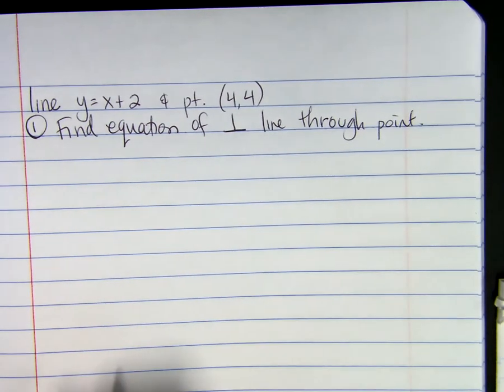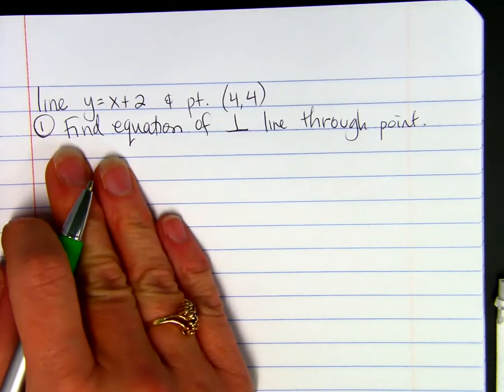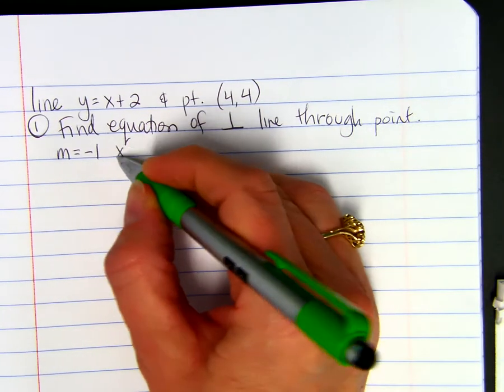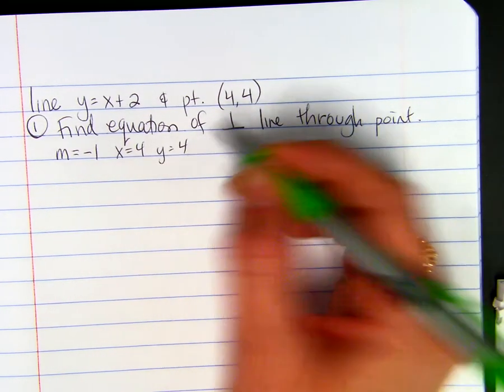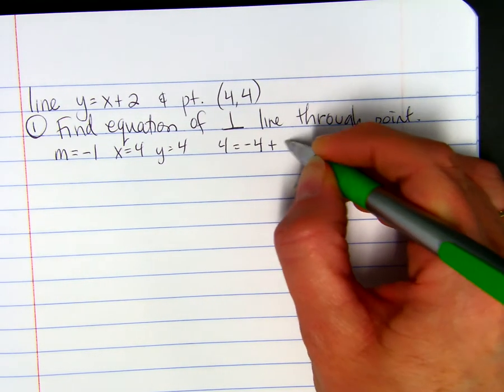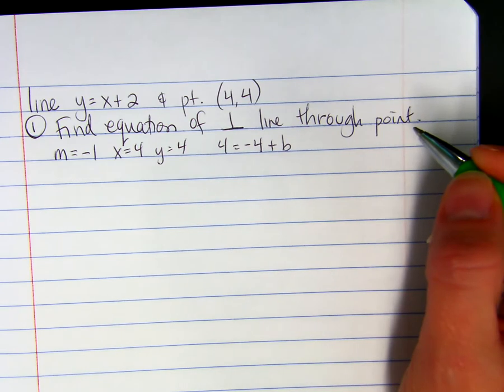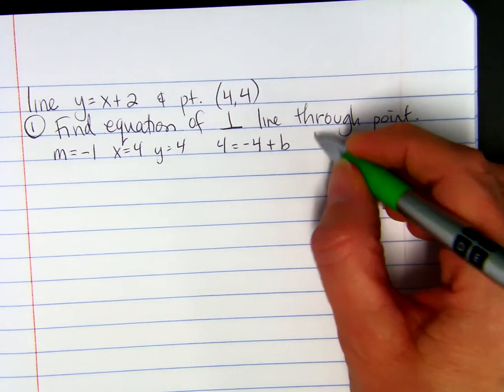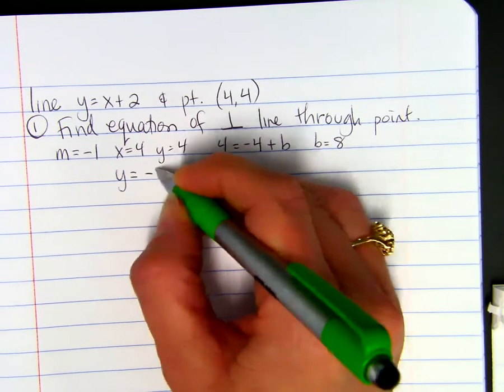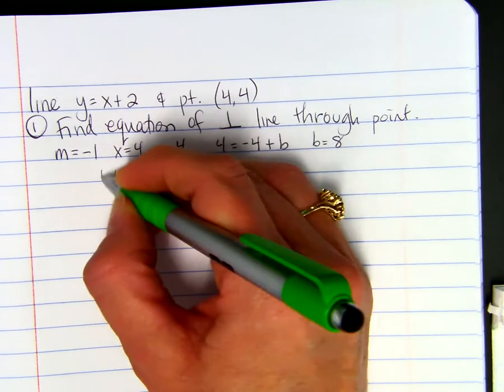Okay, that's the first step. So with this example, we know the slope will be -1, x equals 4, y equals 4, so we'll do 4 equals -4 plus b. So b will be 8, and the equation will be y equals -x plus 8. So there's step 1.